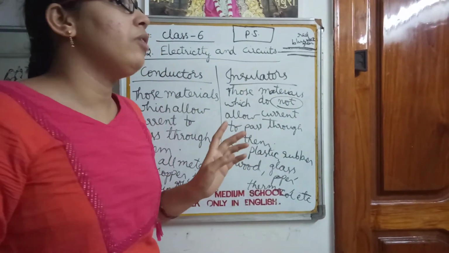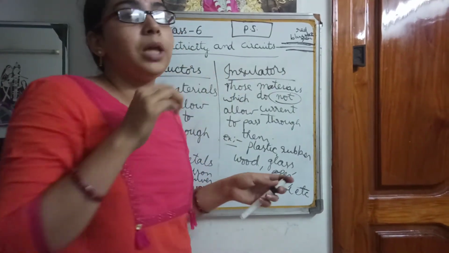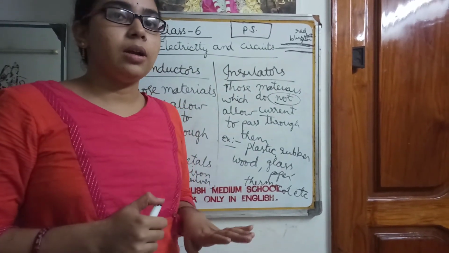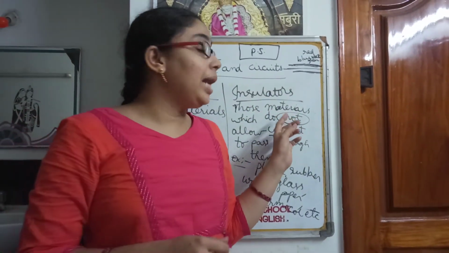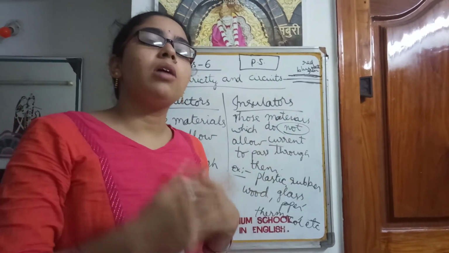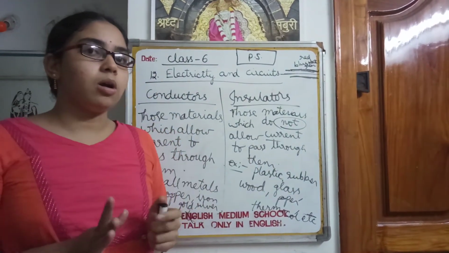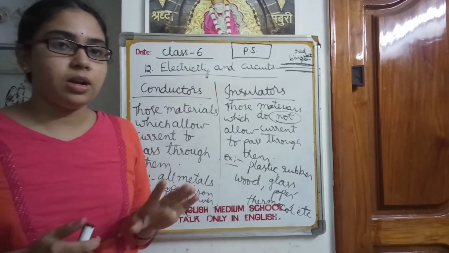Not only this, in our home the switchboards are provided with some type of plastic, that is an insulator, isn't it? Why are they provided with insulators? Because inside them some conductors will be present. Insulators do not allow current to pass through them so that we don't get any shock. That means by this we can understand both conductors and insulators are important for us, isn't it?